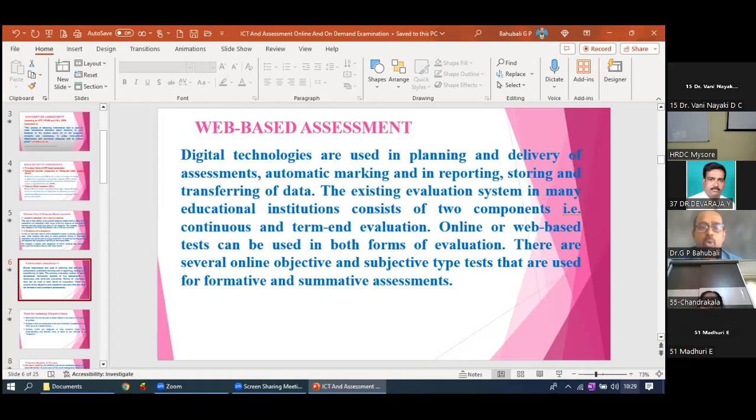As I highlighted in the earlier slides, using stand-alone online assessment we can do continuous evaluation, whereas for web-based assessment, most of the time for terminal purposes, to know the learning amount of the students, we can use this technology at the end of the course. Several online objective and subjective tests are available for formative and summative assessment.